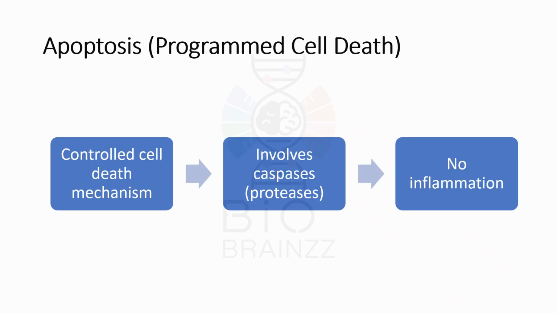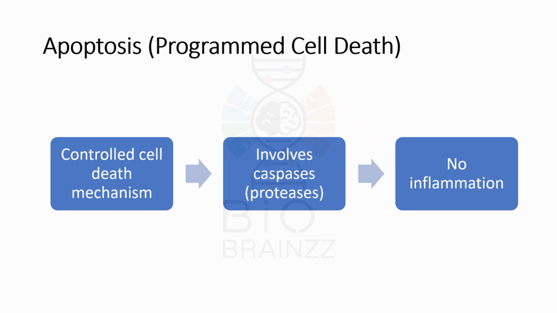Apoptosis, programmed cell death. Apoptosis is a very important biological process which means programmed cell death. Unlike accidental cell death, this is a very controlled and regulated mechanism that removes unwanted or damaged cells from the body.